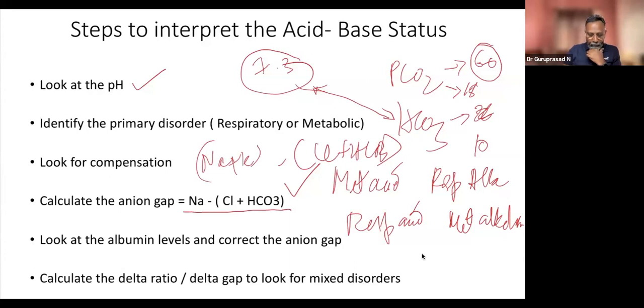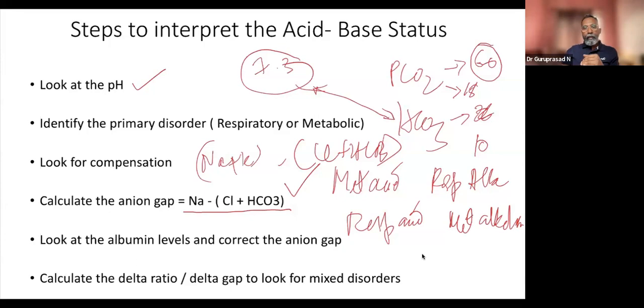In the next slide I'll show what a Gamblegram is. There you can understand why we have to do the anion gap. Then, because albumin is one of the weak acids, it plays a very important role in the acid-base status, and most of our critically ill patients are hypoalbuminemic. So whenever you see a metabolic acidosis, calculate the anion gap.